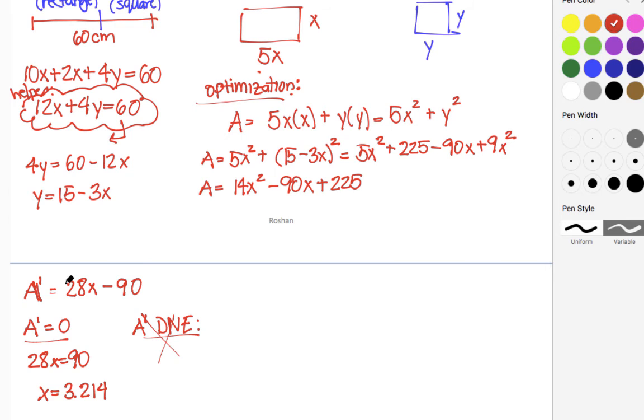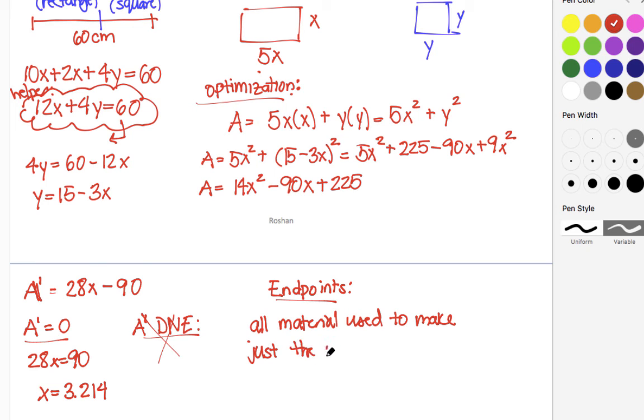And our endpoints are really important in this question because we can have all our material used to make just the rectangle, right? And if that were the case, then all would go into this. So I would have 5x plus x plus 5x plus x.